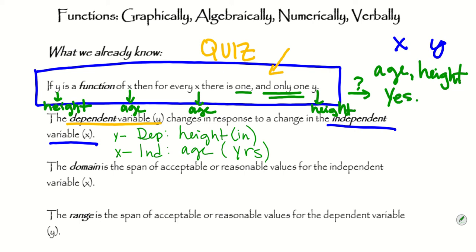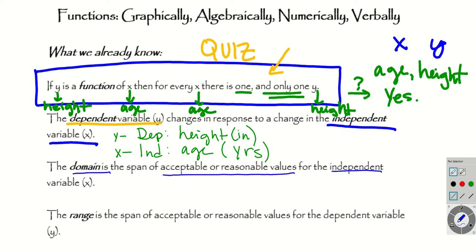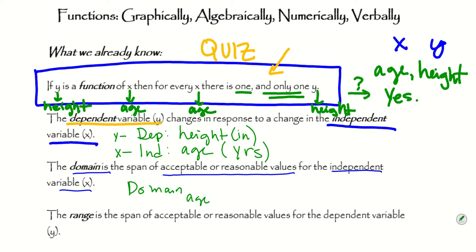The domain is the span of acceptable or reasonable values for the independent variable, for our x. So in our example, our domain for age, excuse the misspelling there, would be the lowest age as we look at change in height, so reasonable that would be 0.